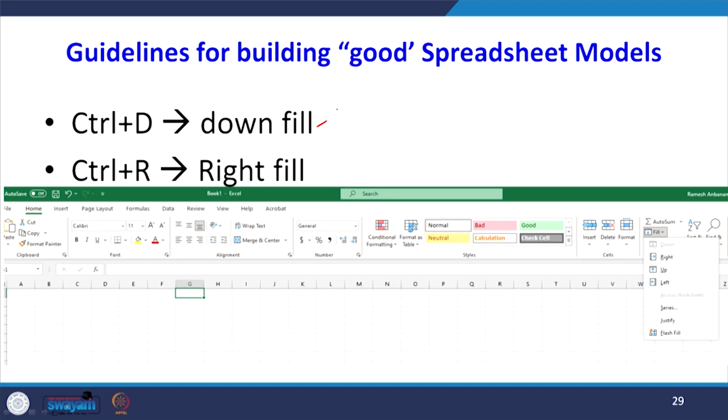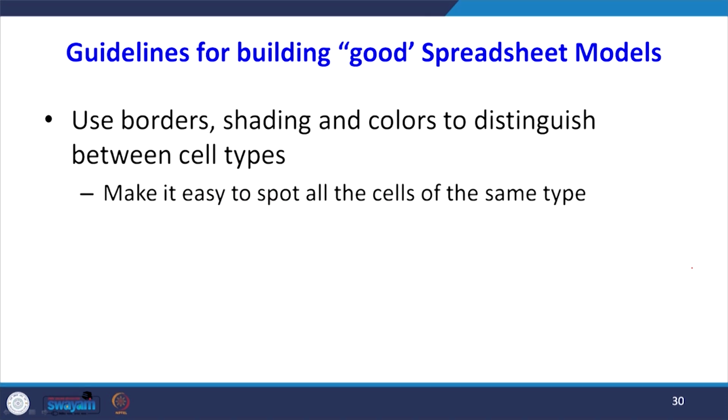You select a cell, then select the cells on the right, then press Ctrl R, and the right side cells will be filled. There is a fill option here: you can go for right fill, up fill, left fill. This will simplify your task.